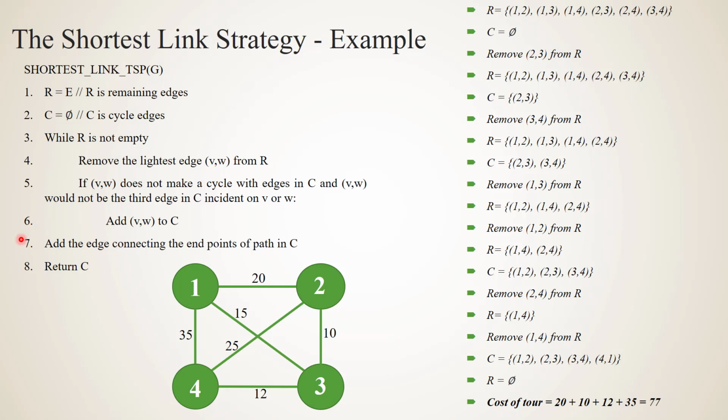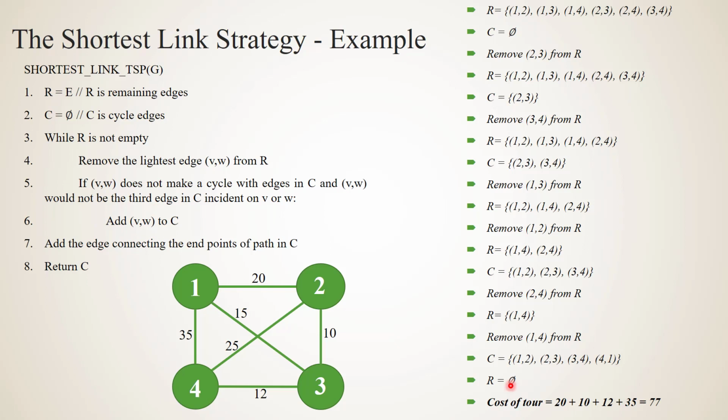But look at line number 7: add the edge connecting the endpoints of the path in C. Now C contains (1,2), (2,3), (3,4). Now I have a path 1, 2, 3, 4. Based on statement 7, I am adding (4,1) to the cycle. So now I got a cycle.